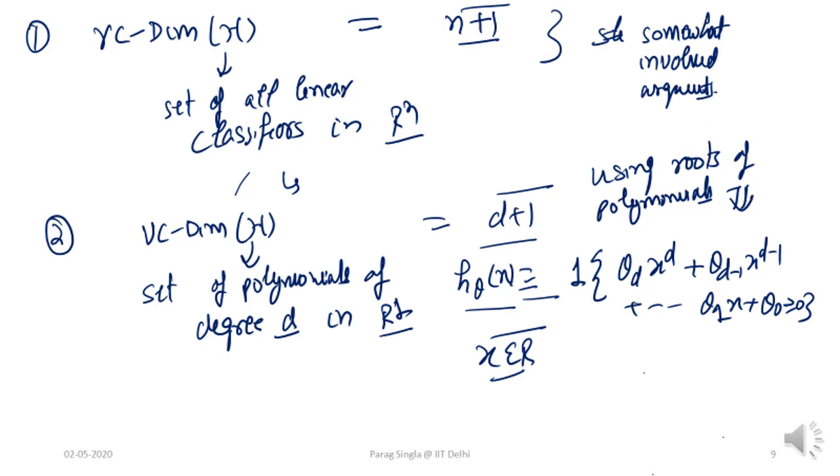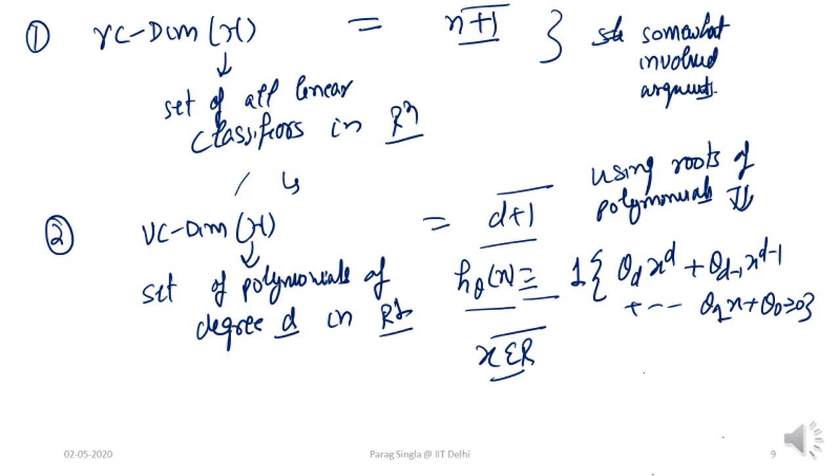But note that our example of R2, showing that the linear classifiers there have VC dimension of 3, is a special case, because in R2 n is 2, and therefore the VC dimension of this hypothesis class is 3.